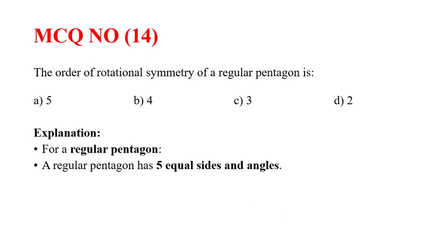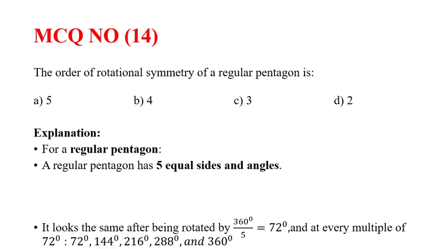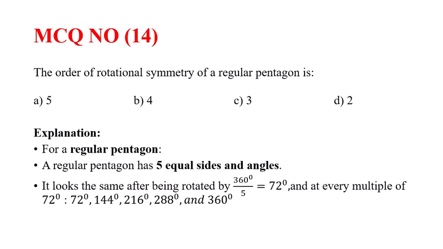A regular pentagon has 5 equal sides and angles. It looks the same after being rotated by, if we divide 360 divided with 5, we get 72, and at every multiple of 72, that is equal to 72 degree, 144 degree, 216 degree, 288 degree, and at the end 360 degree.